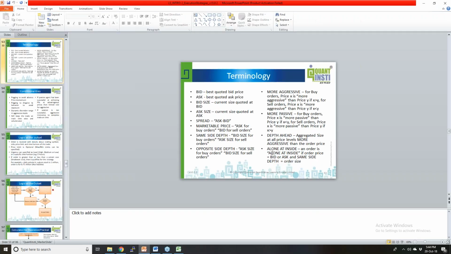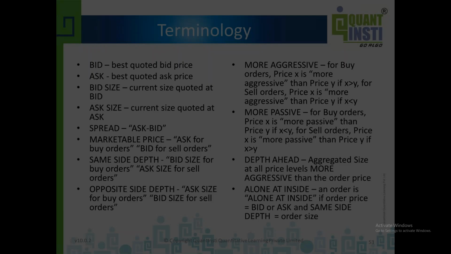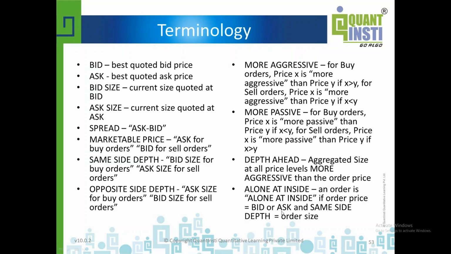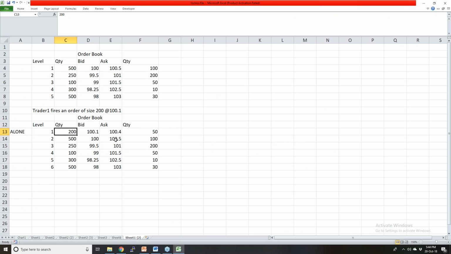The order price is equal to the bid or ask, and same side depth is equal to order size. So the same side depth for the best level would be 200. Here the same side depth at level 1 is 500. If the same side depth at level 1 is equal to your order quantity, then this is alone at inside. Is this clear?